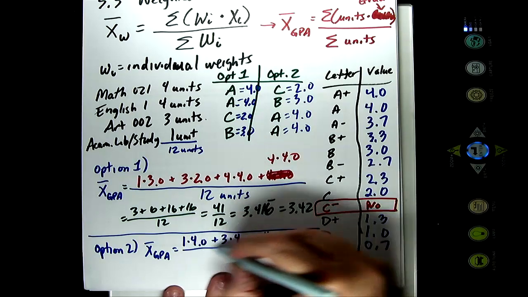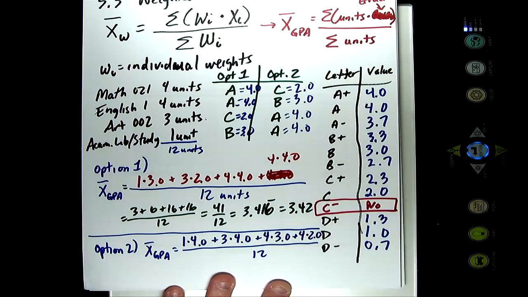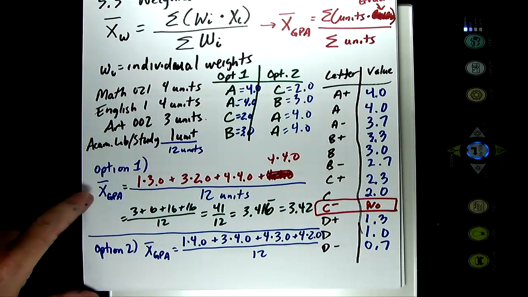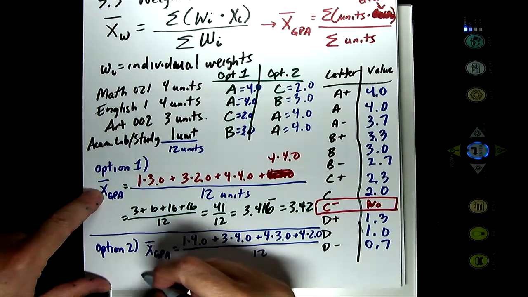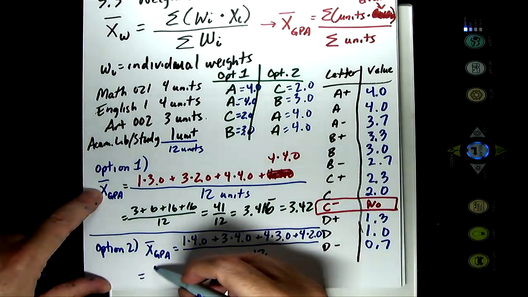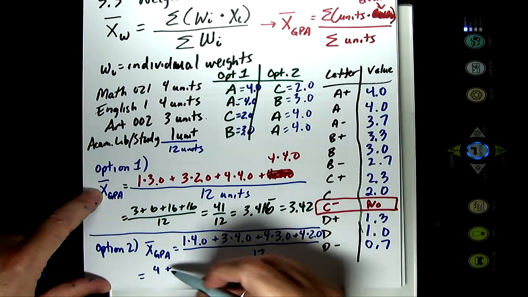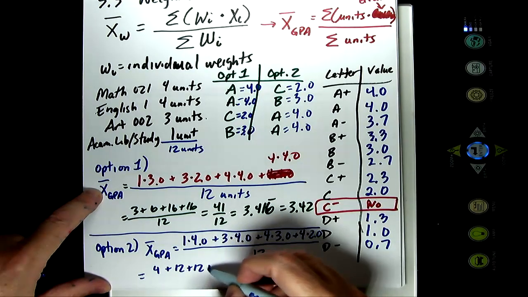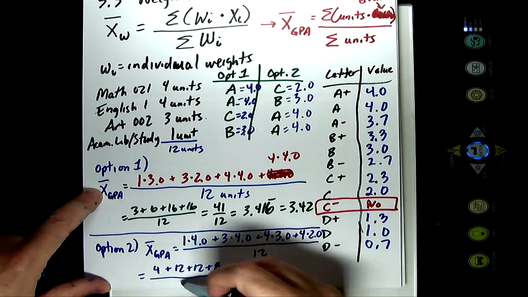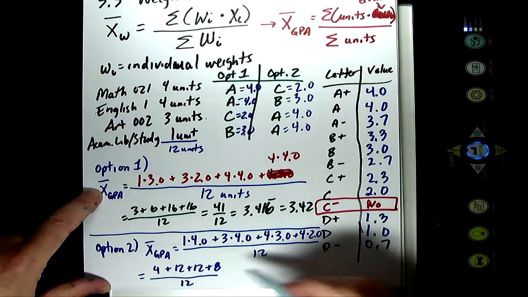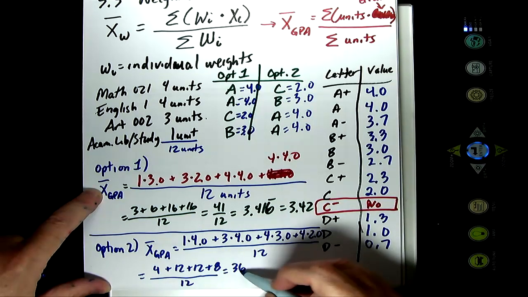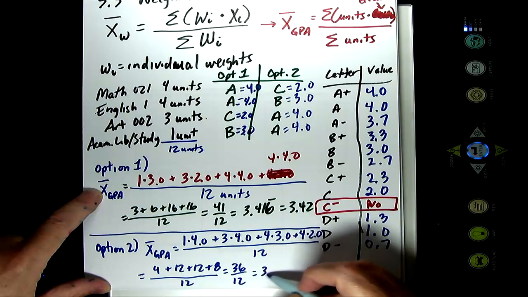And all of that is divided by 12. So that's 4 plus 12 plus 12 plus 8 over 12, which is 36 over 12, which is 3.00.